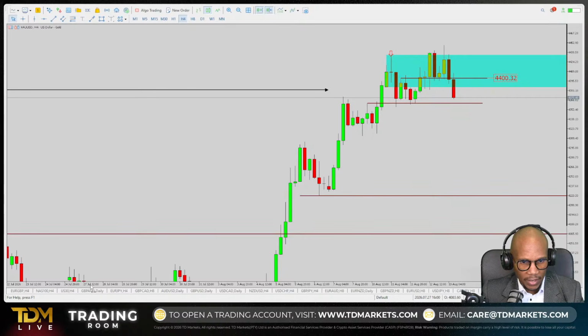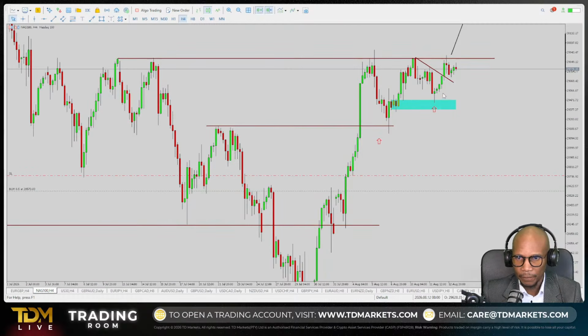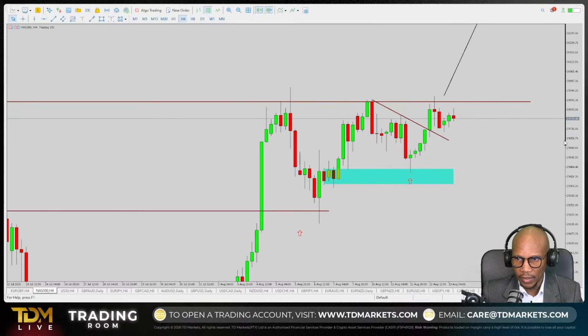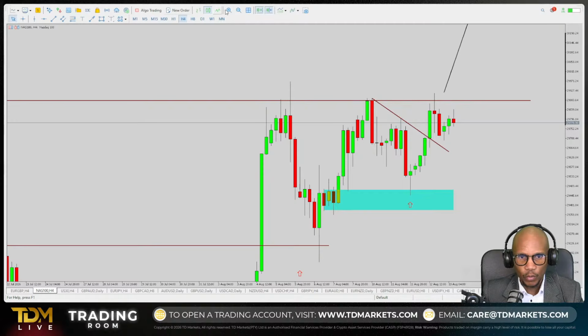The commodities, guys, not the commodities, but the indices. Let's have a look at NASDAQ and US 30. All right, NASDAQ is about to break. Almost there. Let me just zoom in here. There we go. So NASDAQ, we're almost there.